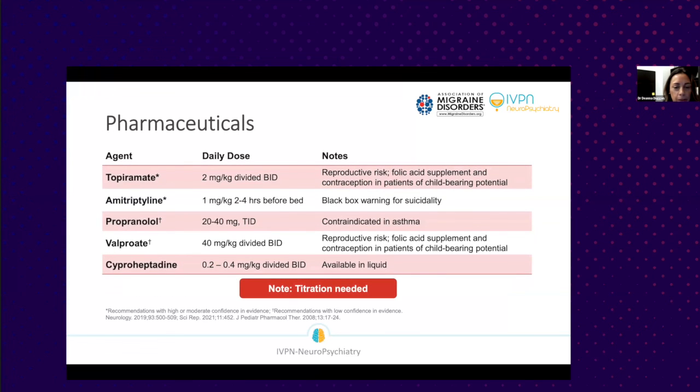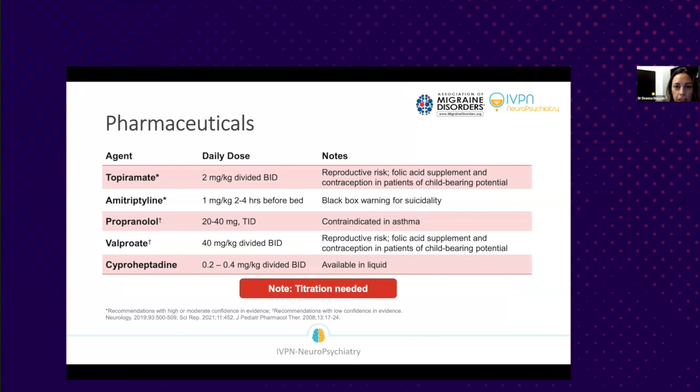With pharmaceuticals, topiramate in the United States is the only preventive medicine that has indication for use in children 12 years and older. Whereas amitriptyline, propranolol, valproate, and cyproheptadine have been used for years as first line pharmaceutical agents to help manage migraines on a preventive basis.